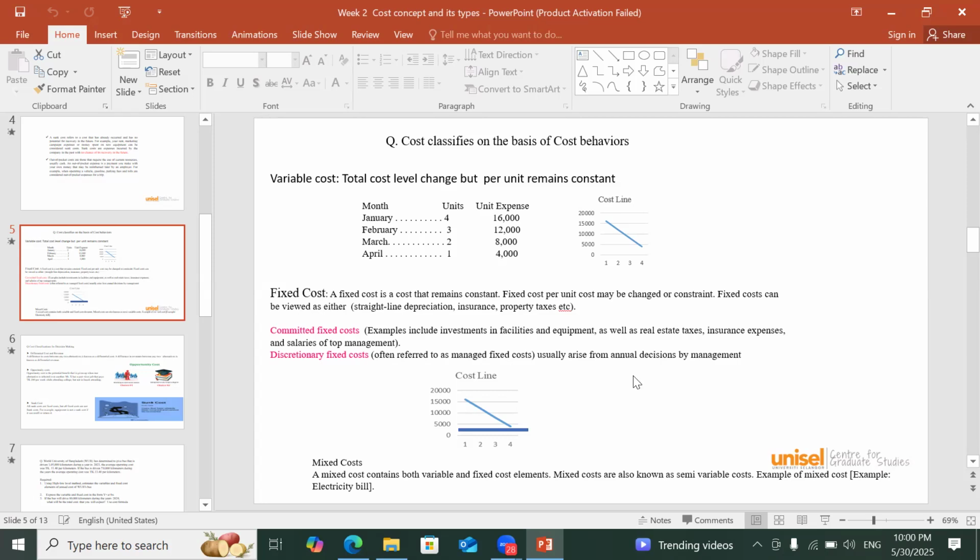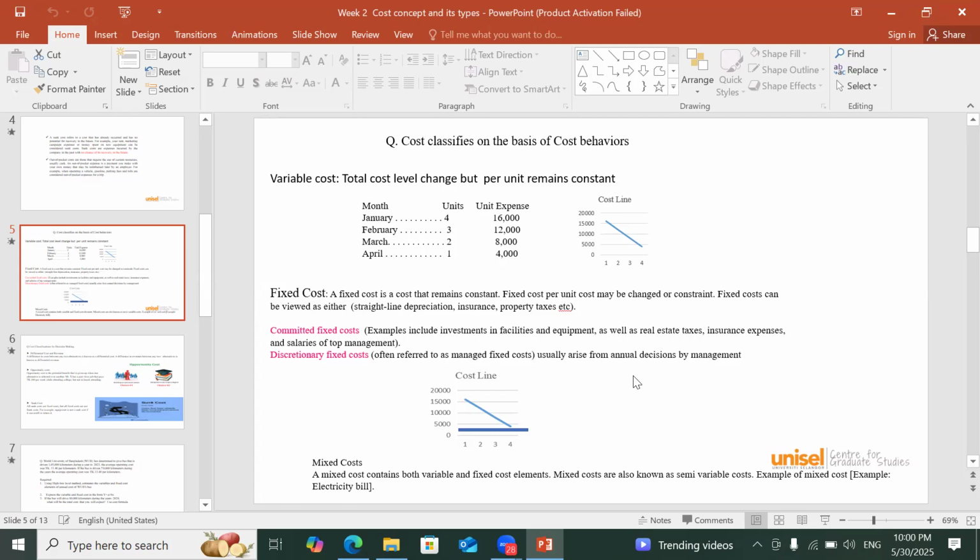Say, for example, committed fixed cost you cannot avoid, but discretionary fixed cost you can avoid by a special decision. Say, for example, you have a business, an air flight. Okay.